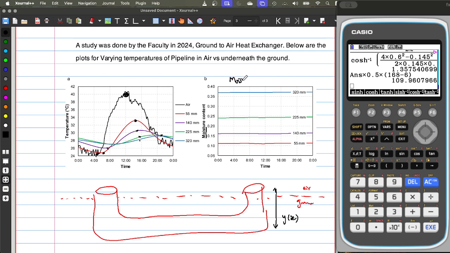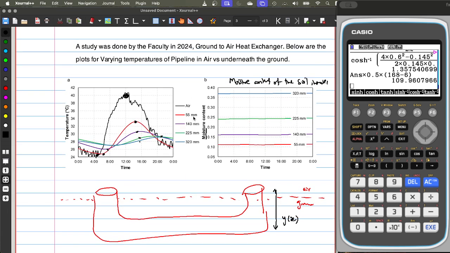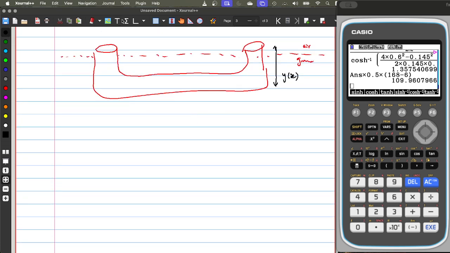The moisture content of the soil increases. In this study, they assumed that K for soil is equal to 15.625 times Y, from the study, where Y is the depth.